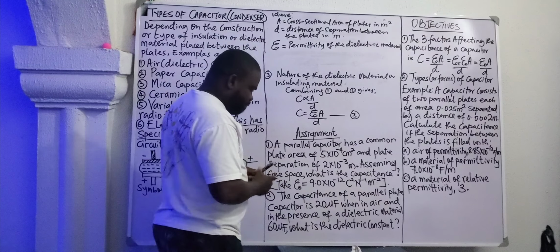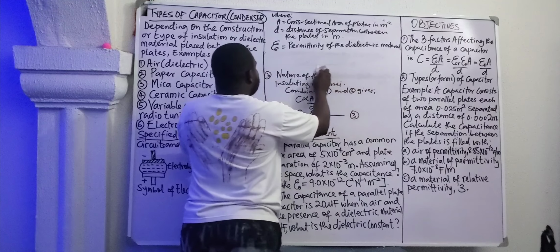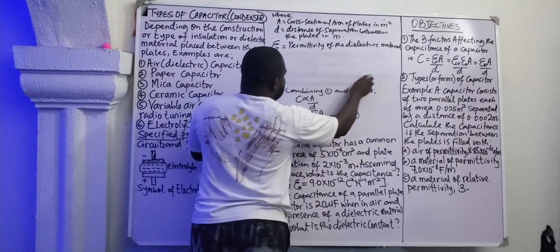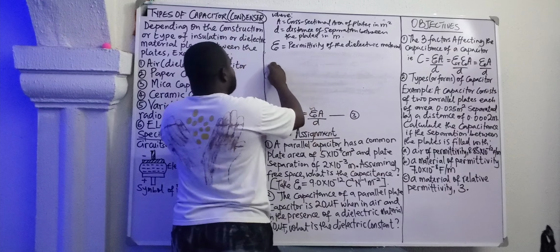Good. So now I said there is a relationship between the relative permittivity of a material, the permittivity of the material, and the permittivity of air.